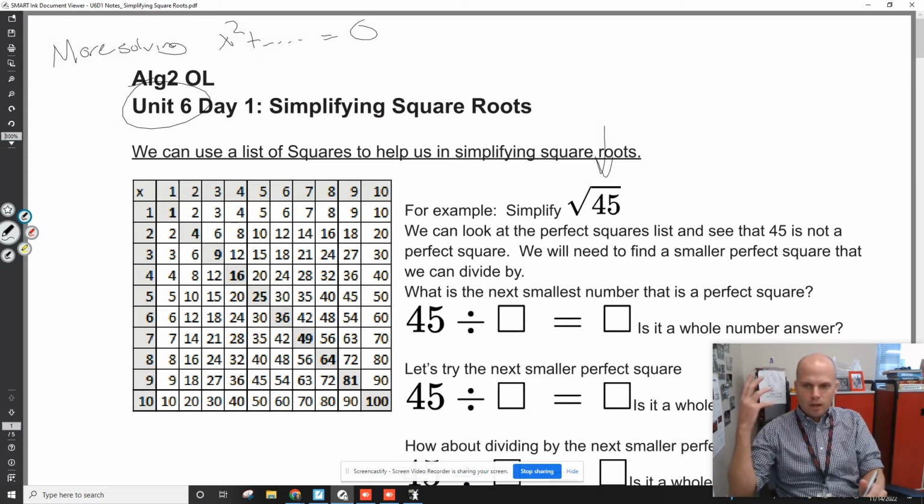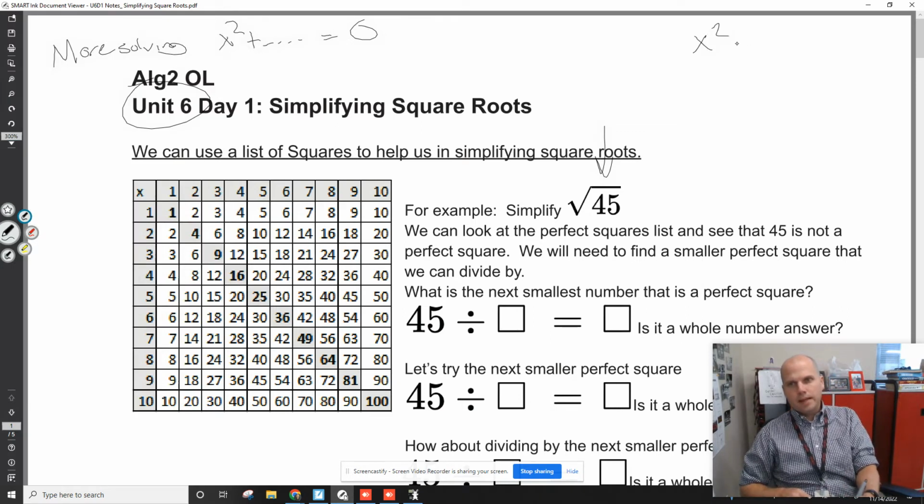Well, a lot of times when we were factoring, say we had x squared minus 81, we said you got to figure out what is the term that's multiplied by itself to get x squared and what's the thing multiplied by itself to get 81.